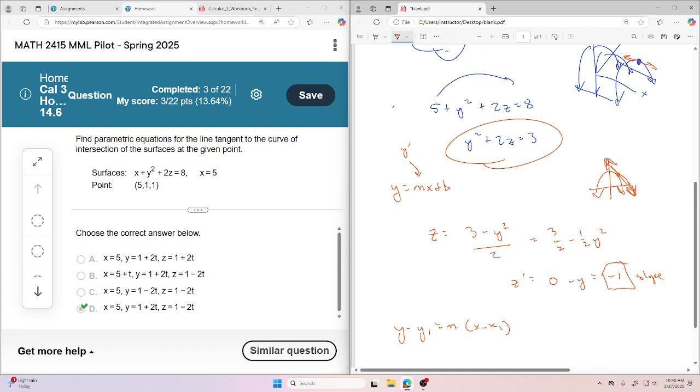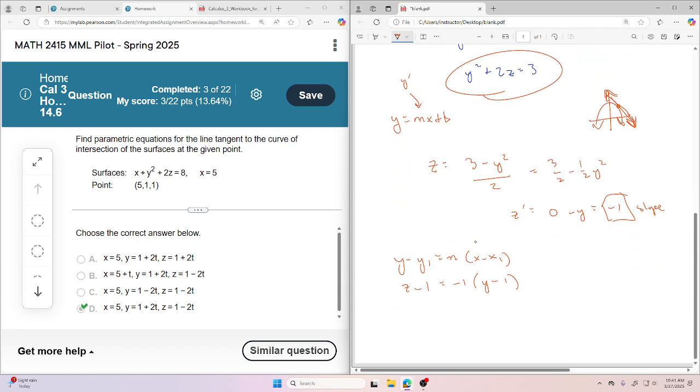I got to say z because everything's in z's and y's. So z minus 1, that's z1 technically. My slope was a -1, and y minus y1 is a 1. And let's do a little bit of math. So distribute, add 1. And so I got z is equal to -1y plus 2.